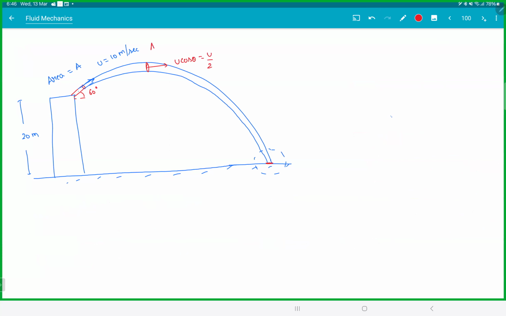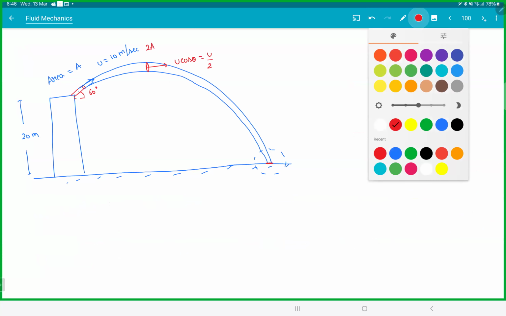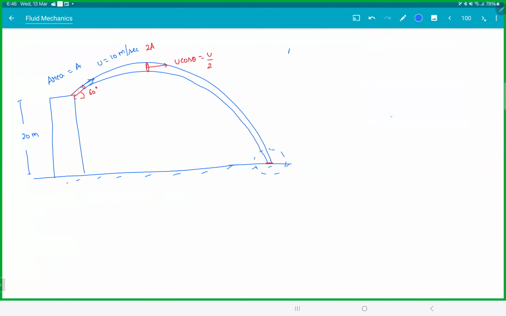So the speed decreases till h max and then increases. Therefore, area increases, so the flow becomes thicker, and then decreases.